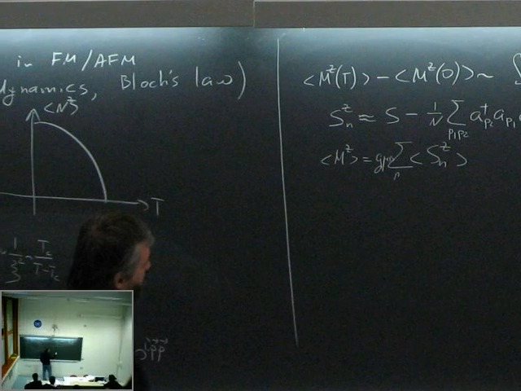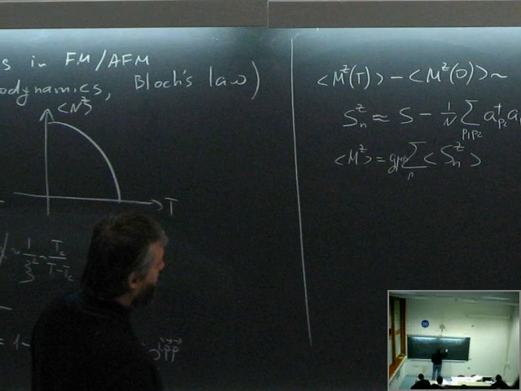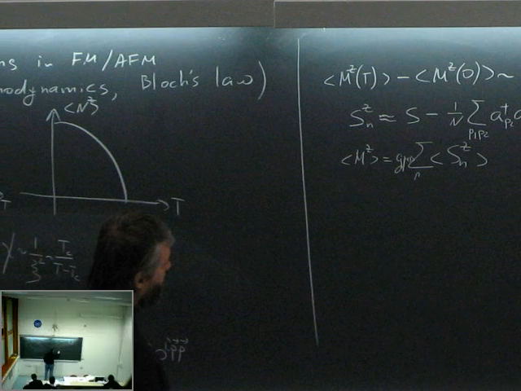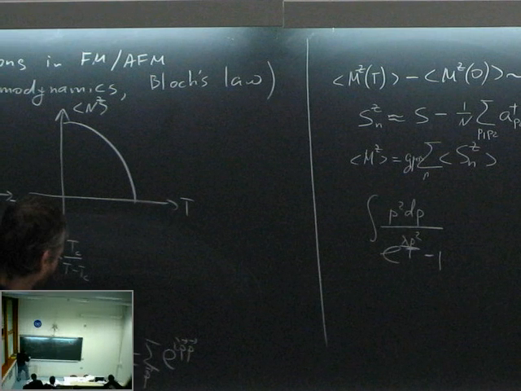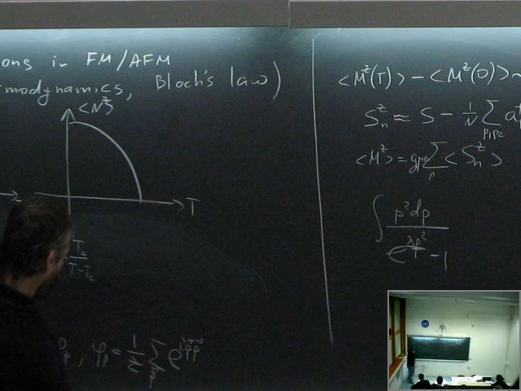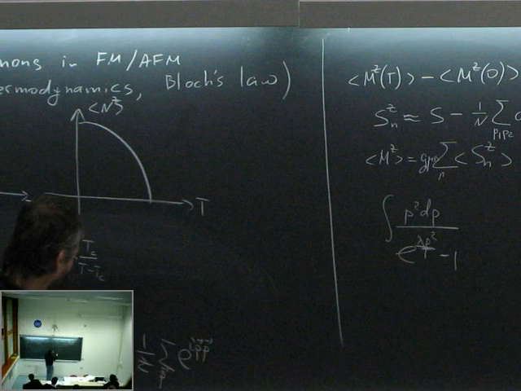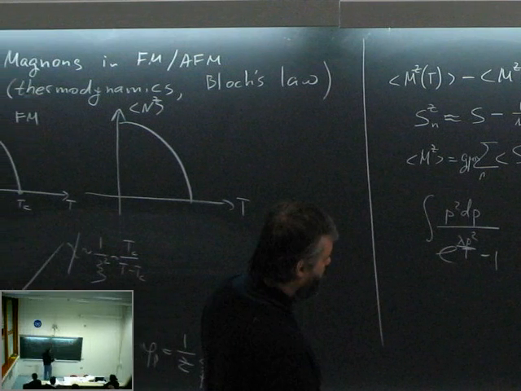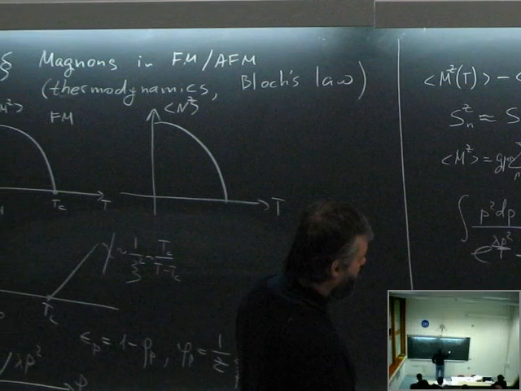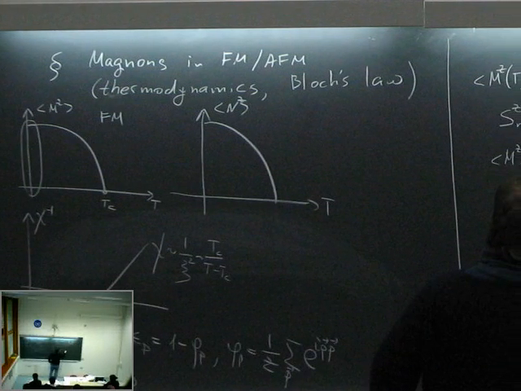In order to do it, I will write the integral of dp over e to the power lambda p squared over temperature minus 1. So I substitute this behavior of the spectrum for small p, and in order to understand the temperature behavior, I need to make the integral dimensionless. In order to do it, I have to divide by temperature to the power of 3/2 and then multiply by temperature to the power of 3/2.